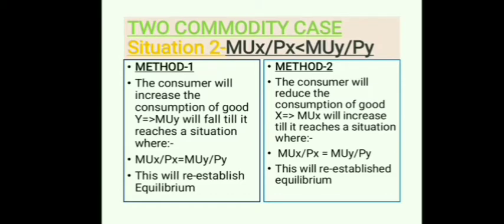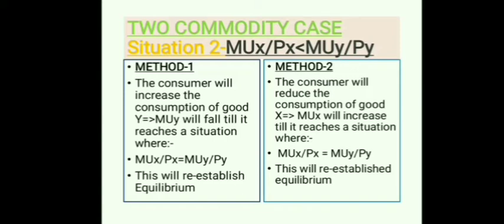Then the second situation is MUX by PX becomes less than MUY by PY. What will happen? Exactly the reverse. The consumer will reduce the quantity of good X if he or she chooses to adjust through good X. When the quantity of good X reduces, its marginal utility will go up, and this will continue till MUX by PX becomes equal to MUY by PY and equilibrium is re-established.